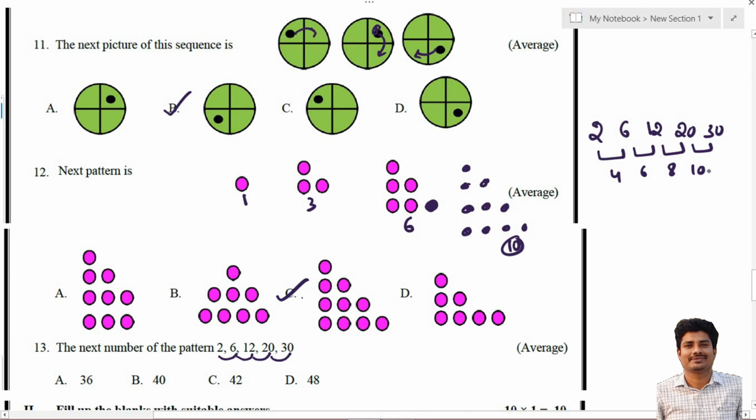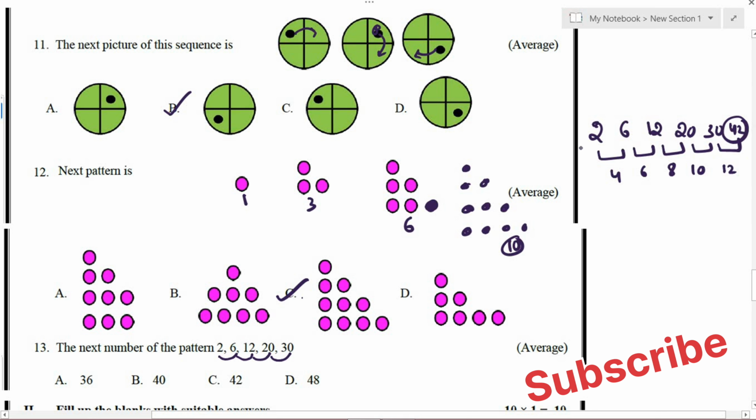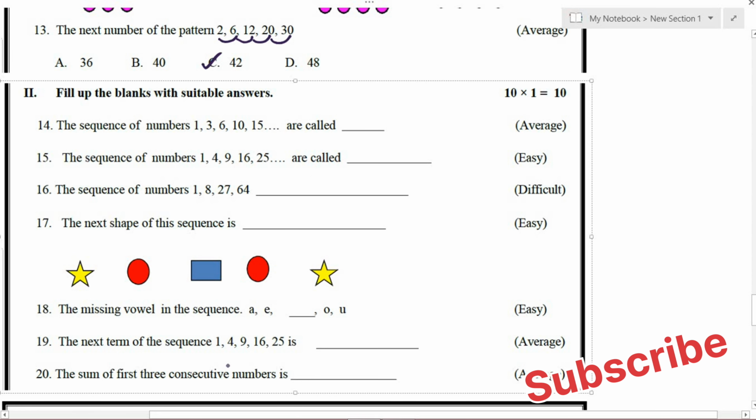Here the gap increases by 2, so the next gap will be 12. 30 plus 12 is 42. If we add this gap to the previous number, we get the current number: 2 plus 4 is 6, 6 plus 6 is 12, 12 plus 8 is 20, 20 plus 10 is 30, 30 plus 12 is 42. 42 is the correct answer.